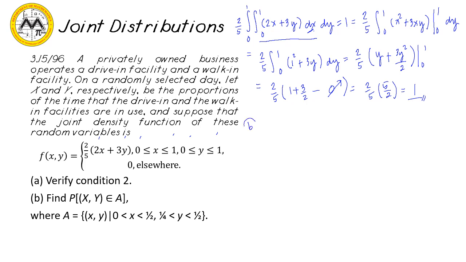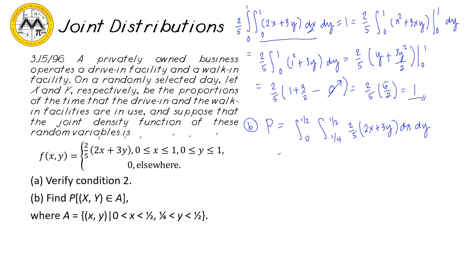So for letter B, the probability that we are looking for is the integral where x is from 0 to 1/2 and y is from 1/4 to 1/2, and then we have 2 over 5 times 2x plus 3y dx dy.